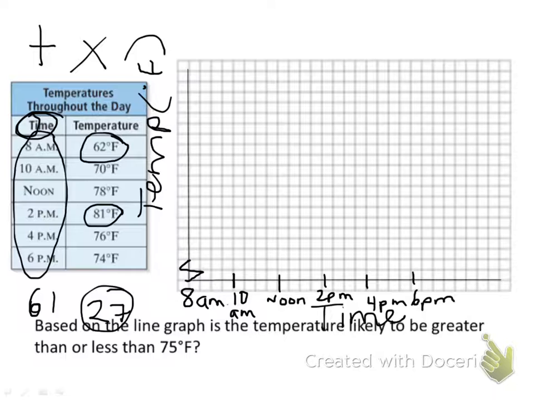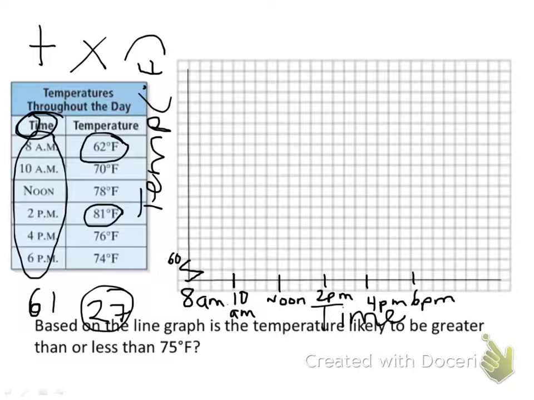We can start it at 60, right here, so that we can have a better looking graph. Sometimes you have to be careful when using the lightning bolt because it can misrepresent your data. But in this situation we can do it because all our numbers are very close together and we are nowhere near 0 at 60.